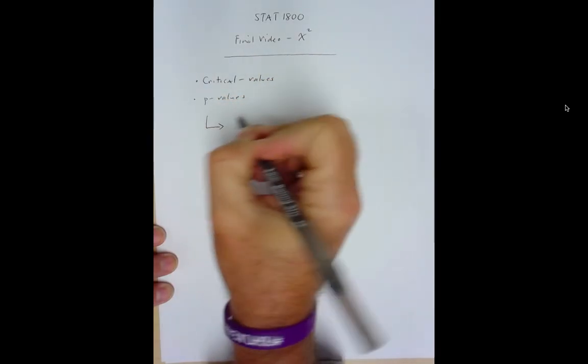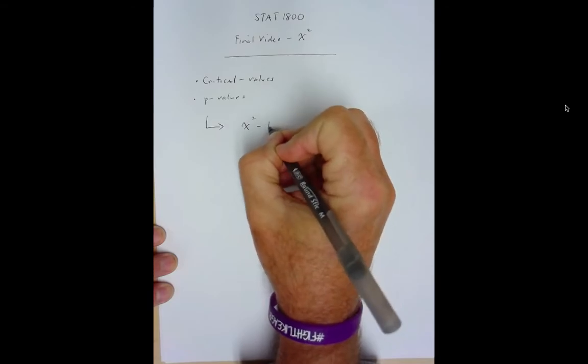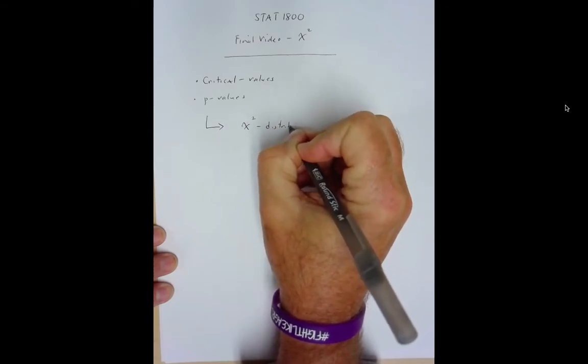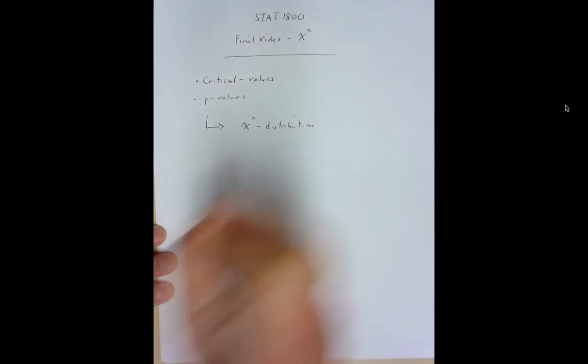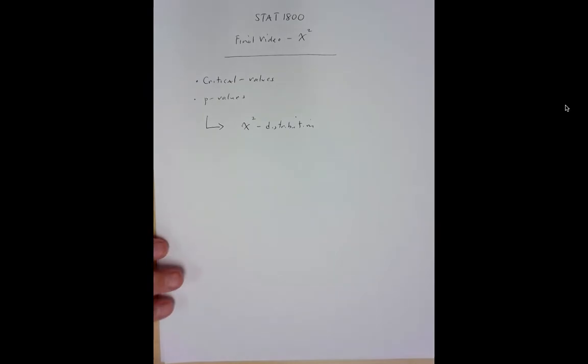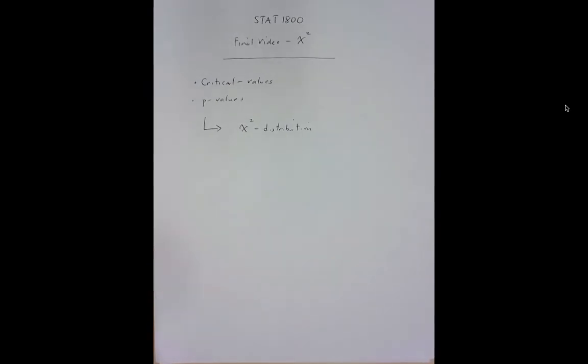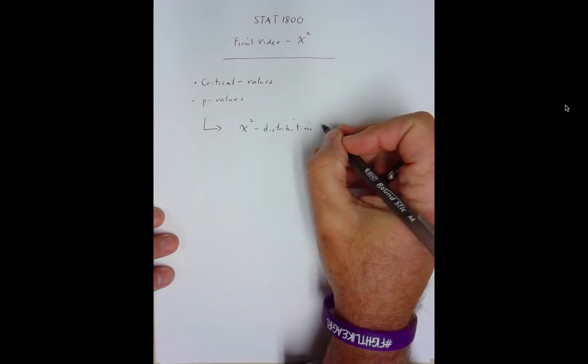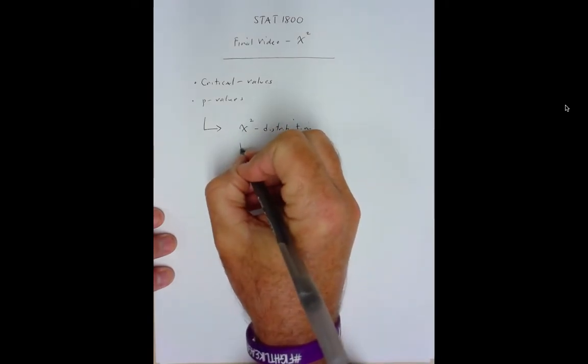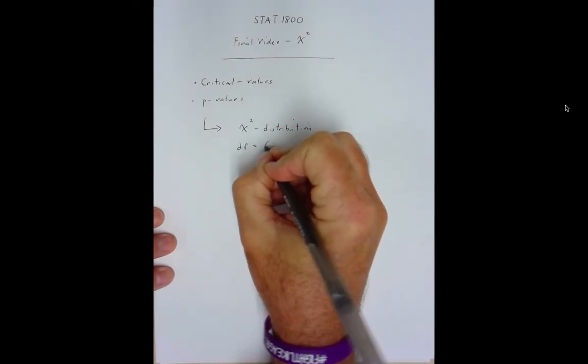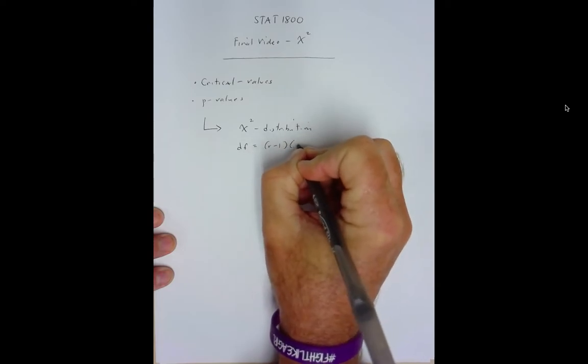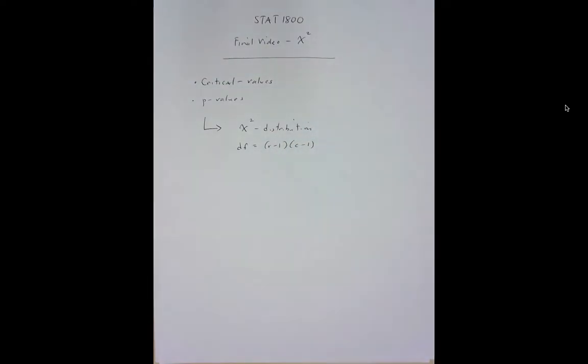Now guys, for these problems, remember the p-values and critical values are calculated using the chi-square distribution, and the degrees of freedom for these equals the number of rows minus 1 times the number of columns minus 1.